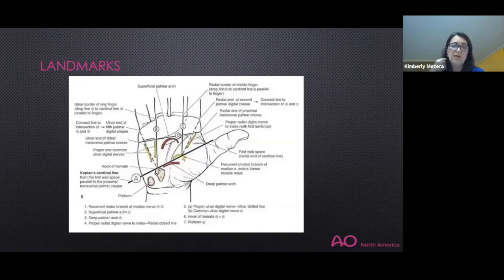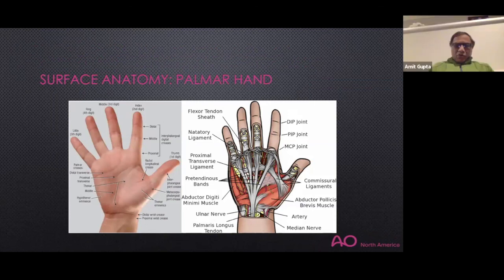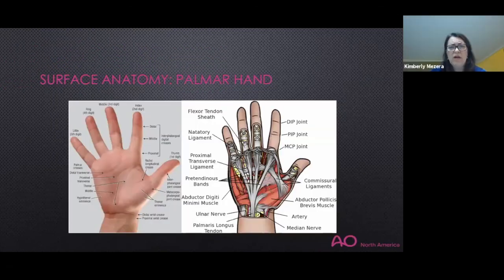Maybe that one, that clinical one. So we can look at the palm like that and discuss briefly how we can use these lines to guide common surgical incisions, perhaps a carpal tunnel incision or a trigger finger incision.